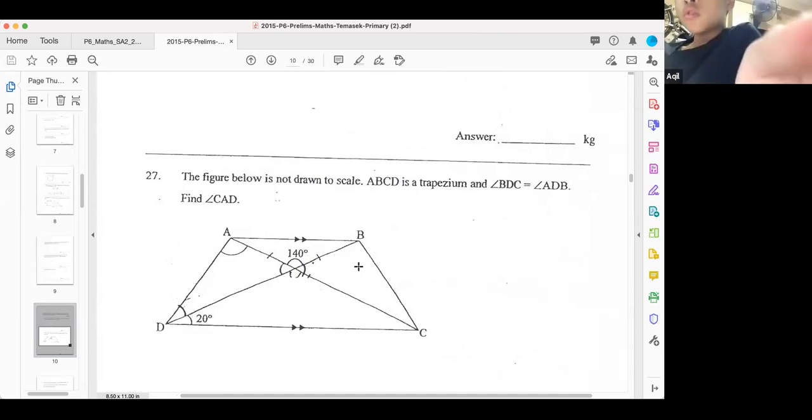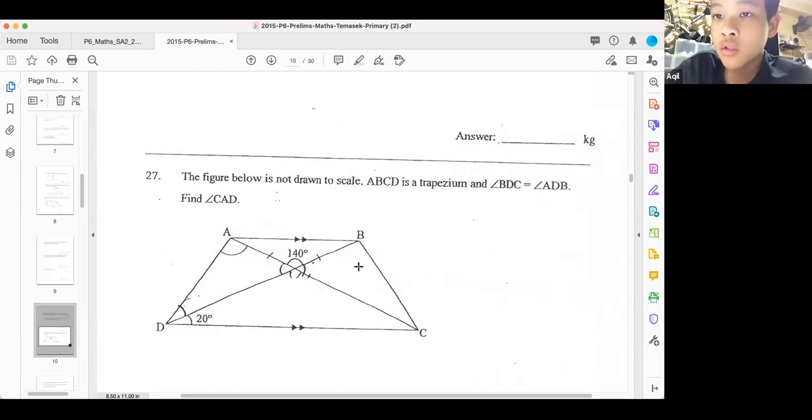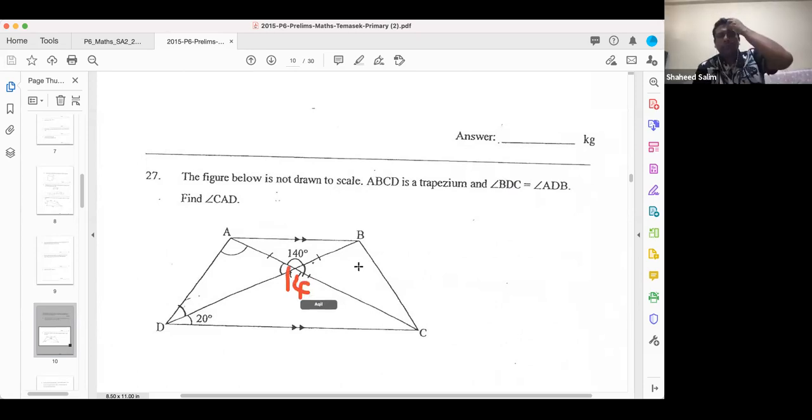Below is a diagram drawn not to scale. ABCD. Find angle CAD. Okay.